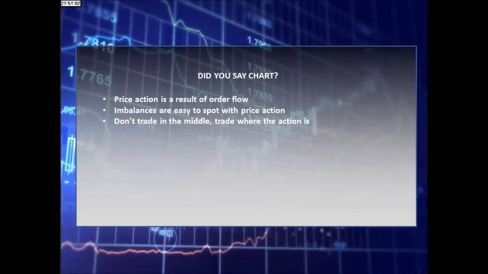While I still use volume profile and find it extremely valuable, it's not enough, and I need to use a chart. Price action is a result of order flow, absolutely, and it's the footsteps of order flow.